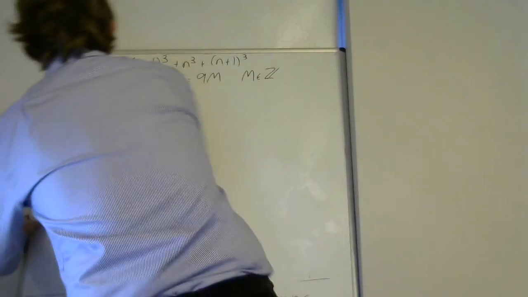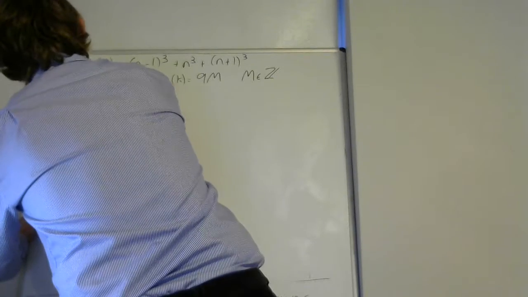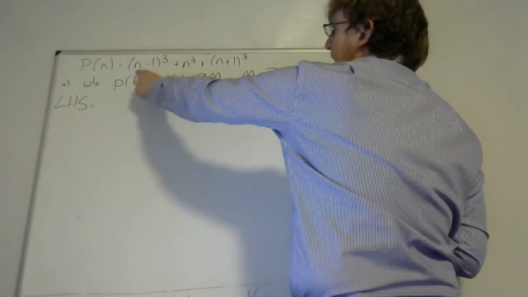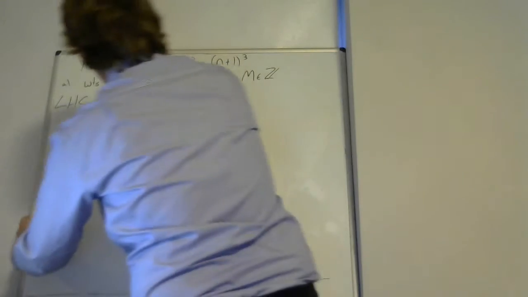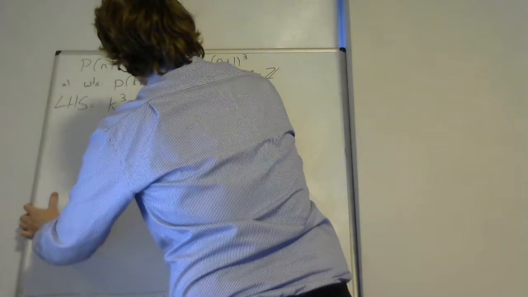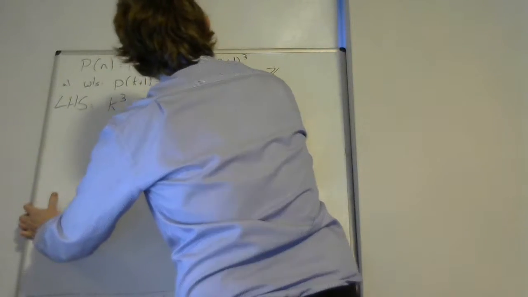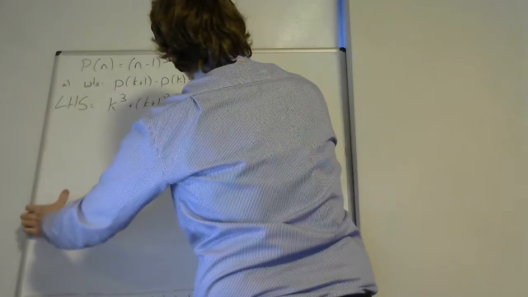So the left-hand side, LHS, is equal to P of k plus 1. So k plus 1 minus 1 gives me just k cubed, and then (k plus 1) cubed, and then plus (k plus 2) cubed.